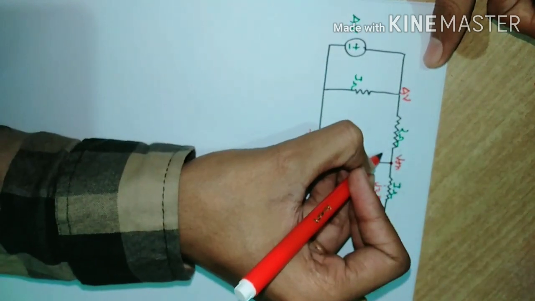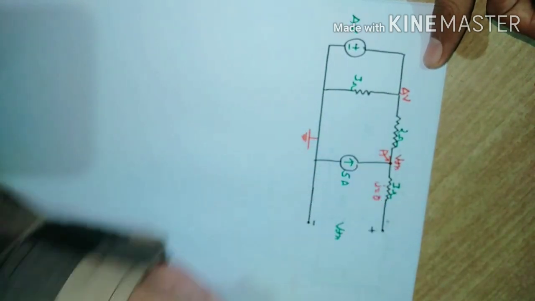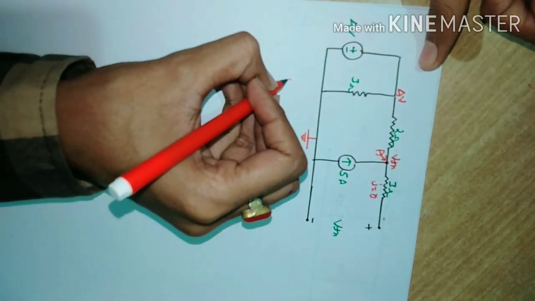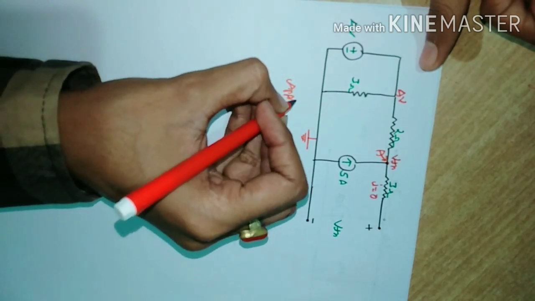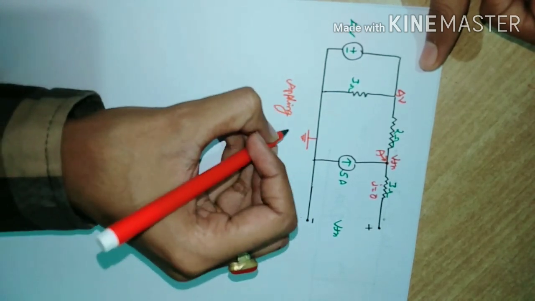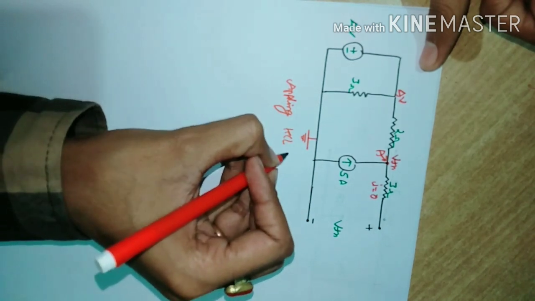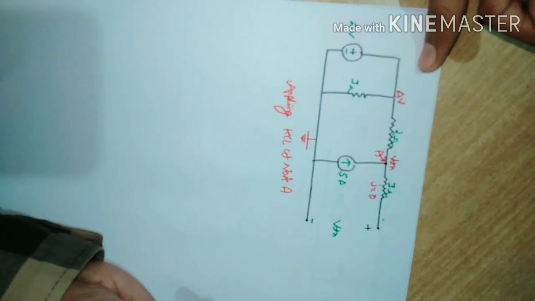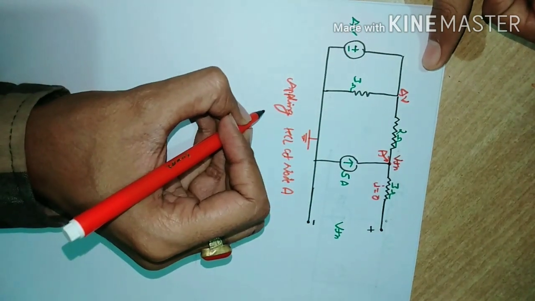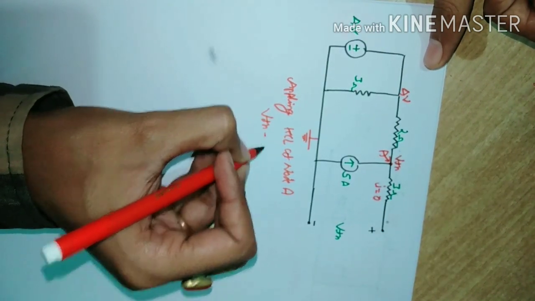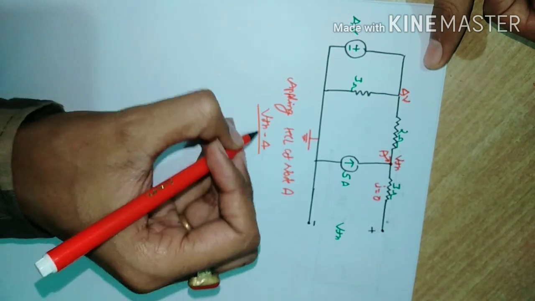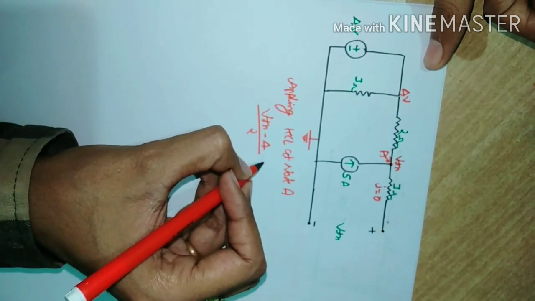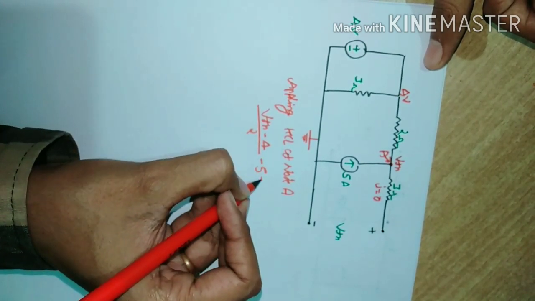Let's say this point is A, node A. Applying KCL at node A: VTH minus 4 divided by 2, incoming current taken negative, equals 0.